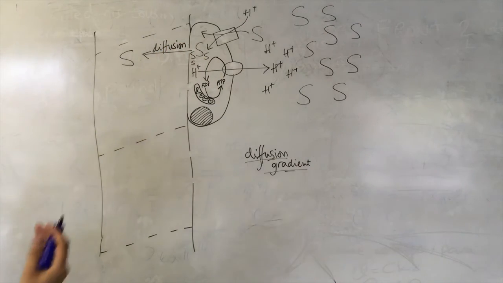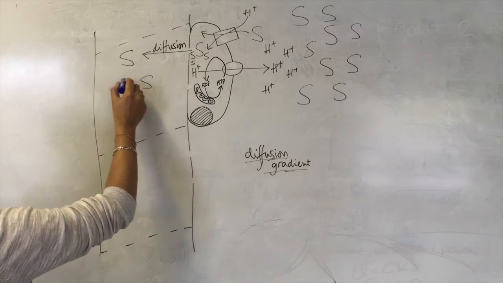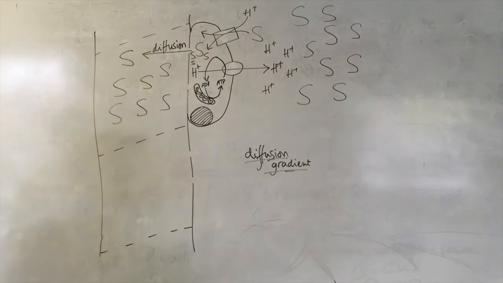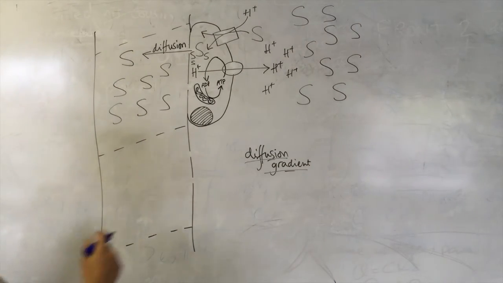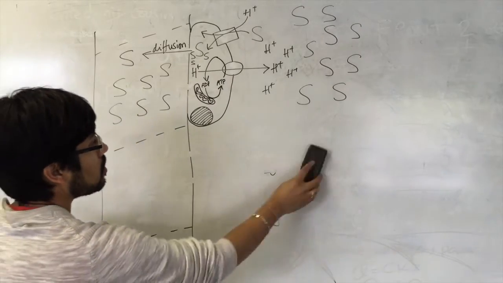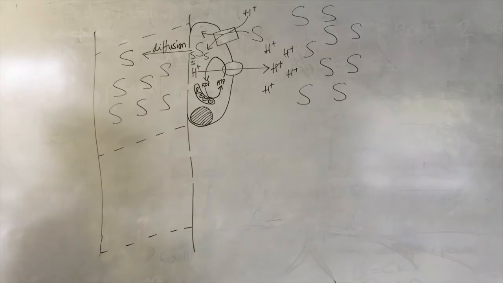Diffusion of sucrose into the phloem tube. Eventually we'll have lots of sucrose in here, and because we've got lots of sucrose in here, it's going to lower the water potential, and then water is going to move in by osmosis.